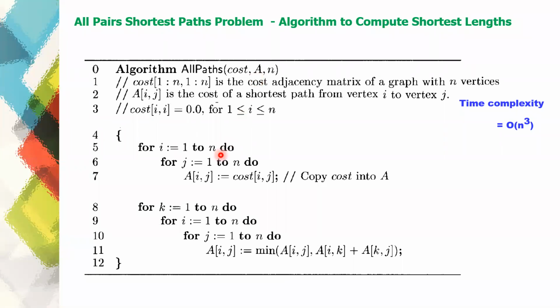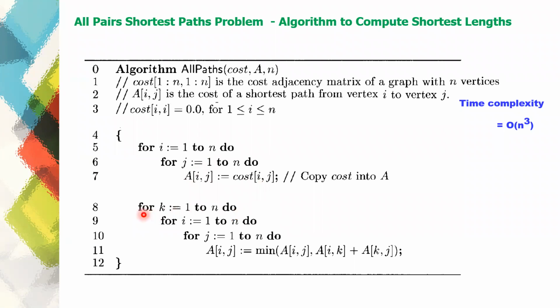So this is the initialization part where you are going to build A naught or D naught. The initial adjacency matrix is copied as it is into D naught. Then once D naught is ready, you are going to build D1, D2, D3 and so on up to Dn.